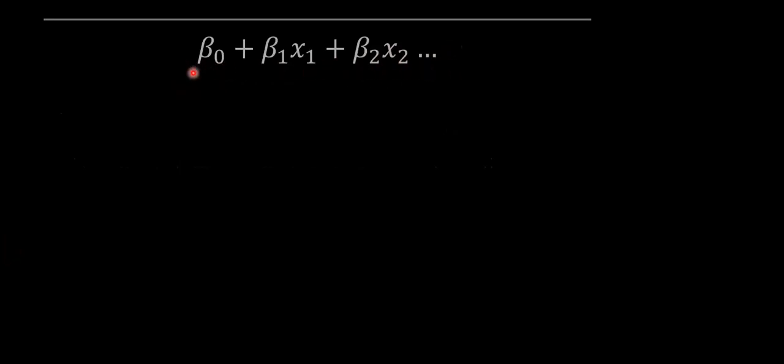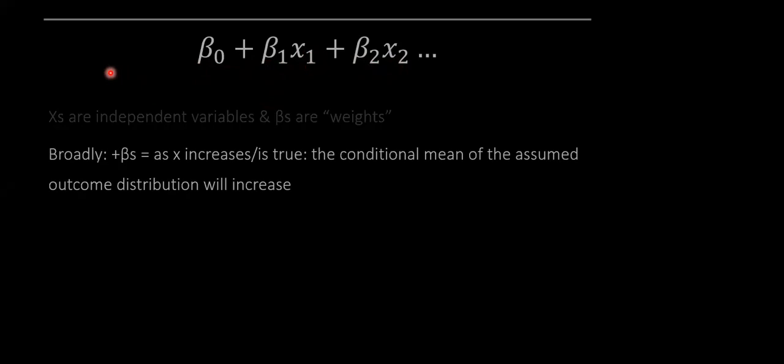Our x's are our independent variables, and we might have one, or two or more. We can have any number of independent variables, and the betas are the weights or coefficients, which represent how much each independent variable contributes to the expected mean.